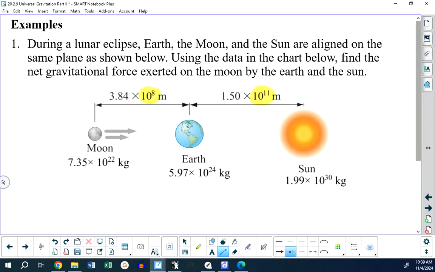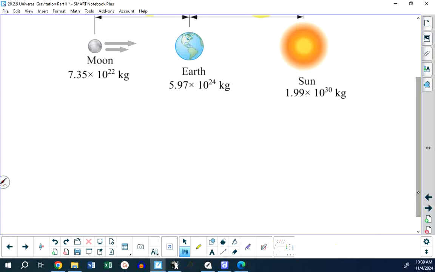When we calculate the force of gravity pulling the moon to the earth, we're going to ignore the sun. It's got nothing to do with anything at that point. When we calculate the force of gravity pulling the moon and the sun together, which is the one pulling the moon to the right due to the sun, we can ignore the earth.